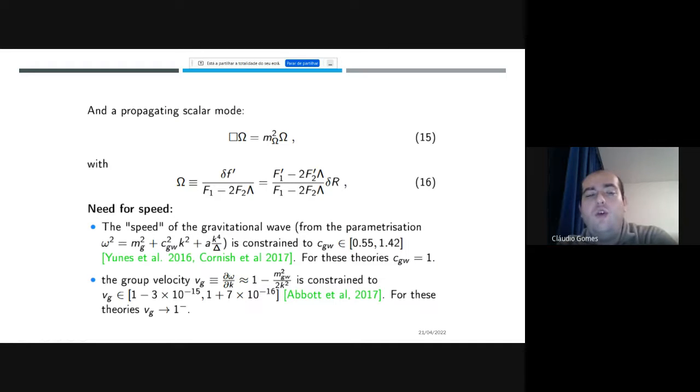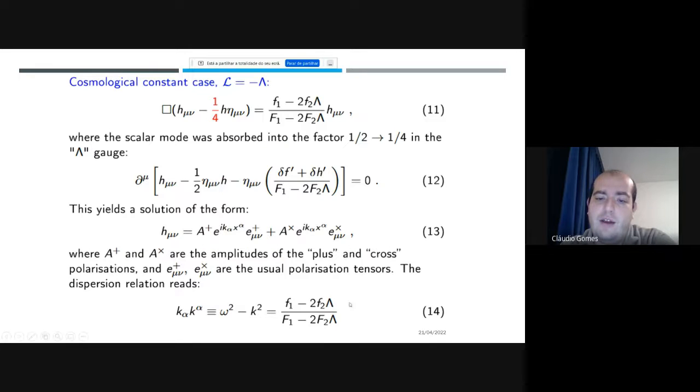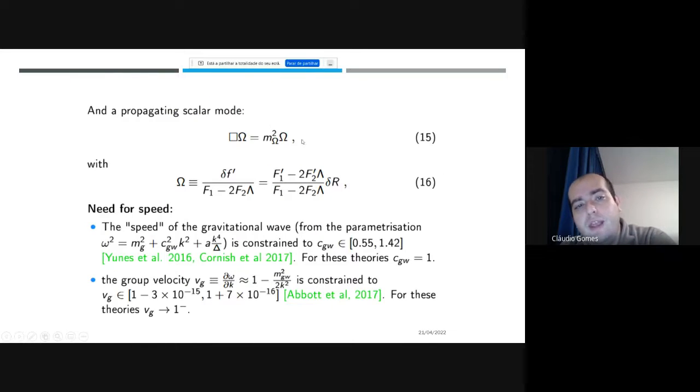But looking into the trace of the field equations, we get a propagating scalar mode, which will be the longitudinal one, right? Here, this polarization mode is a breathing one, which can be absorbed. But this one is a propagating scalar mode, which is precisely the longitudinal one. And in fact, this quantity, capital omega, is related with the excitation of the Ricci scalar.